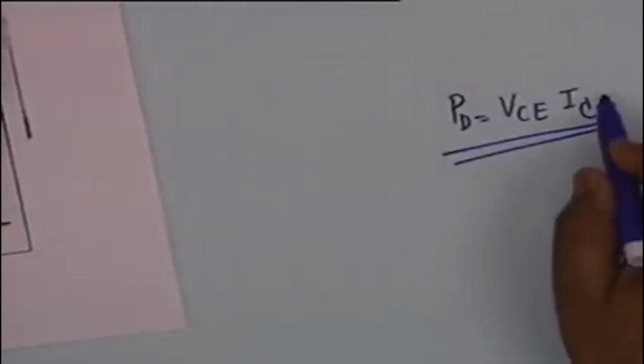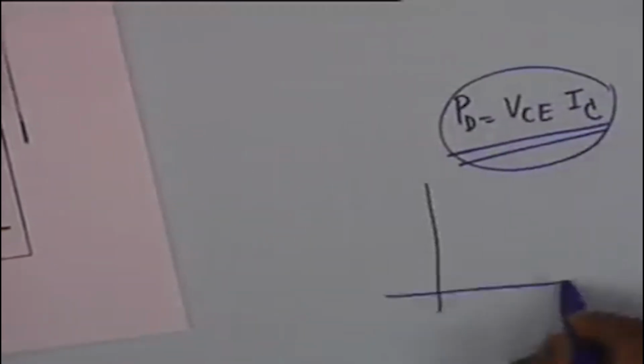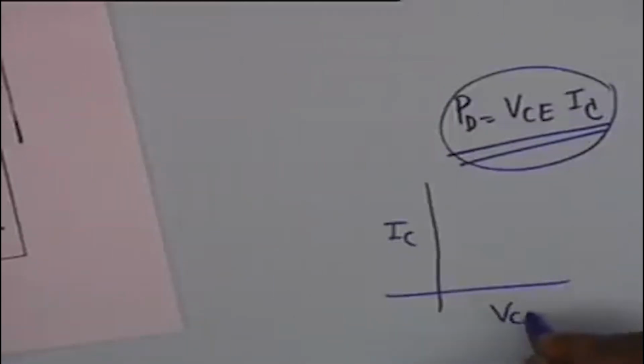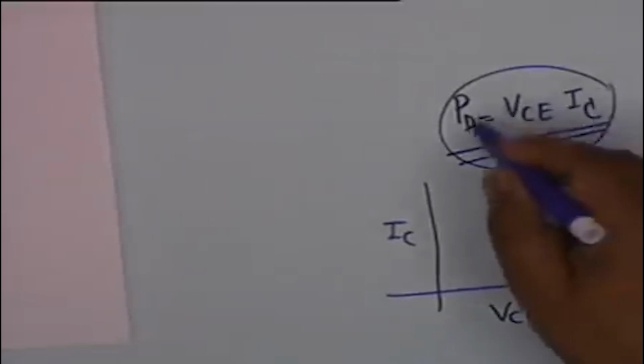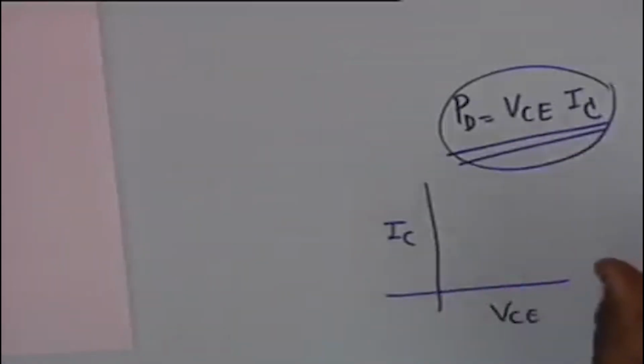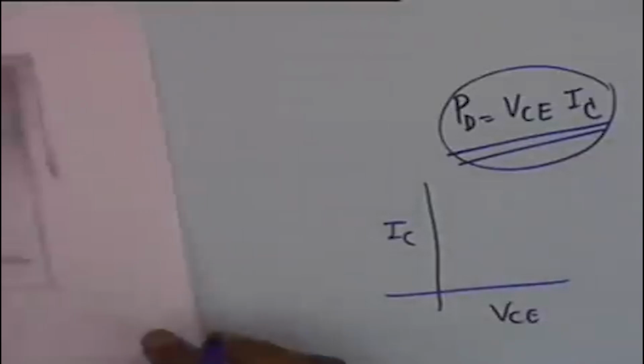Alright? Now, obviously, in the IC versus VCE characteristic, what does this represent? The product is a constant, so this represents a hyperbola. Isn't that right? The product xy is a constant, this represents a hyperbola.